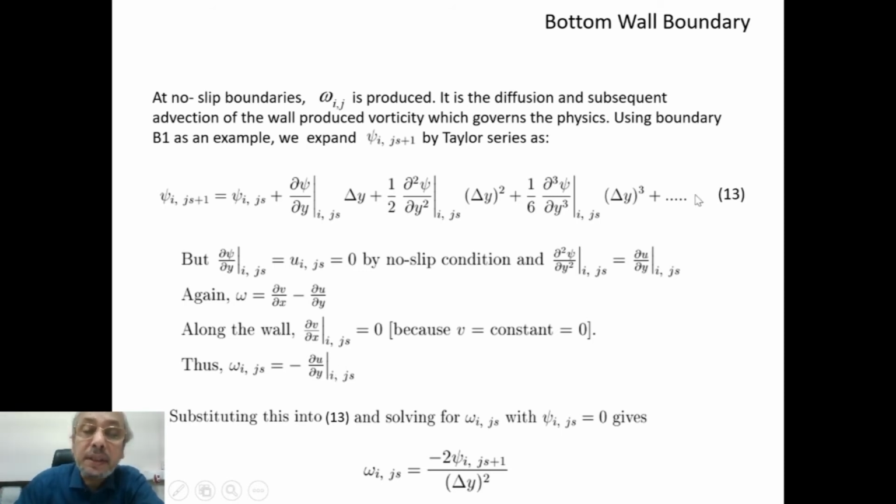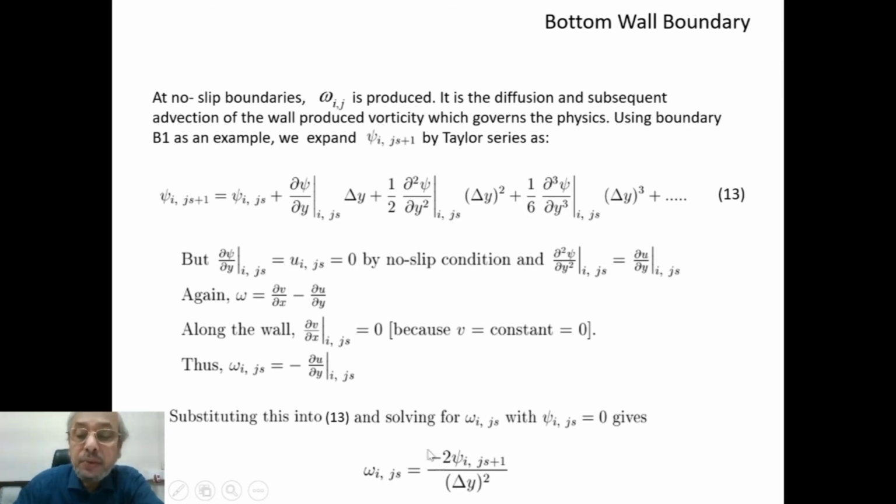Now in equation 13, we substitute del 2 psi del y2 by omega, and this will be minus omega. Then we can transfer the other terms to the left hand side. Del psi del y is 0, so psi I js plus 1 minus psi I js, divided by delta y square, multiplied by 2, is omega.